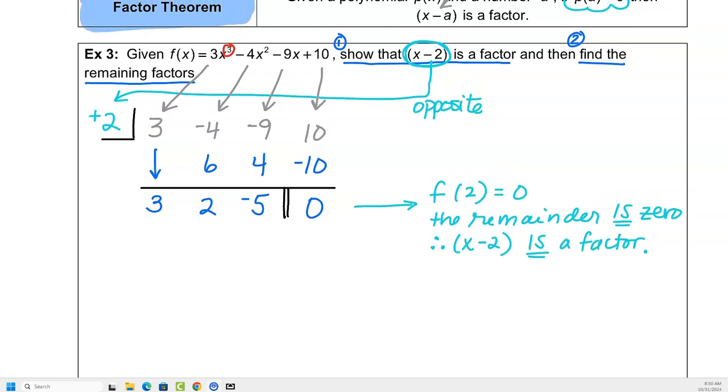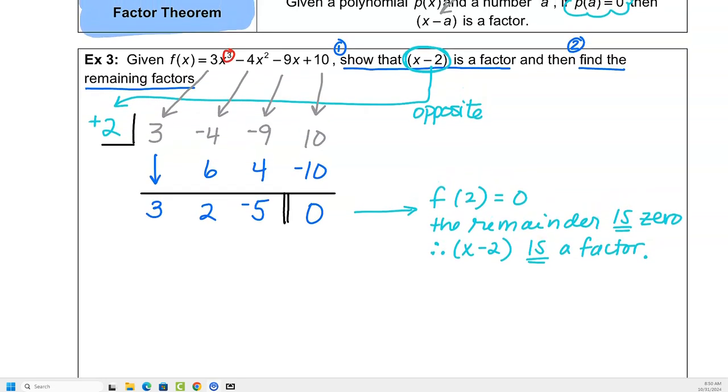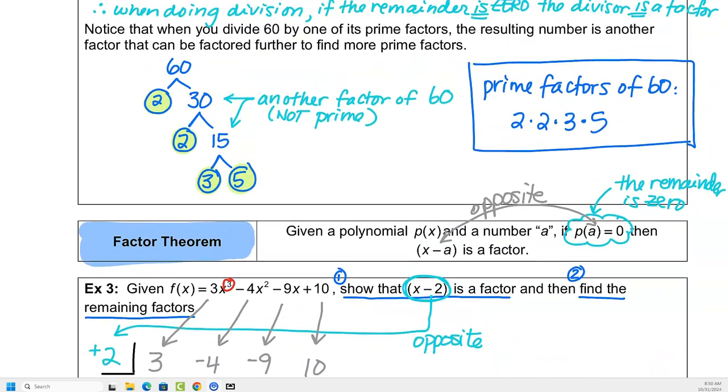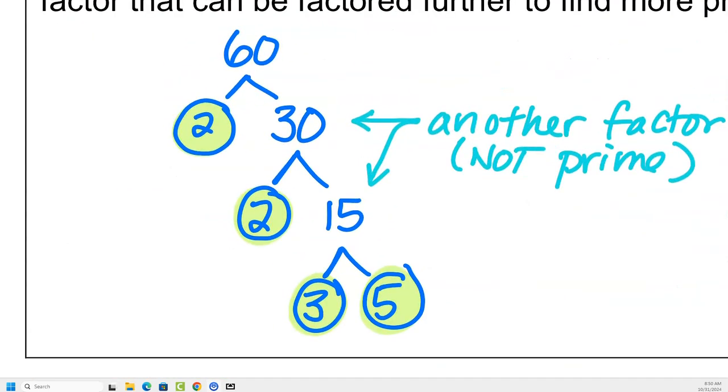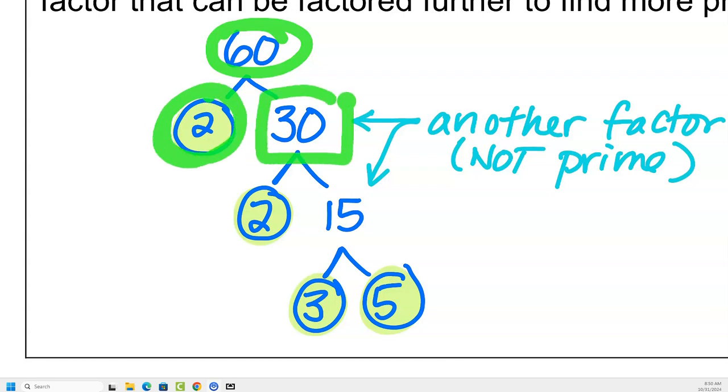The second part says that we need to find the remaining factors. Well, remember up here, we took 60 and then we divided it by 2. Do you remember that? And we got 30. Instead of going back to 60 again and finding another number that goes into it, we continued with 30. You see that? We're going to do the same thing here.